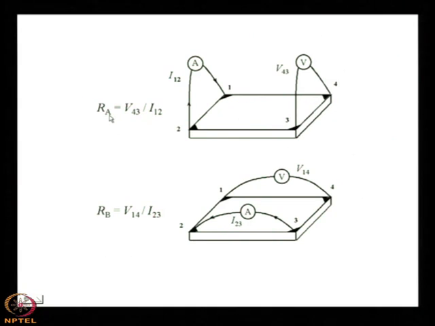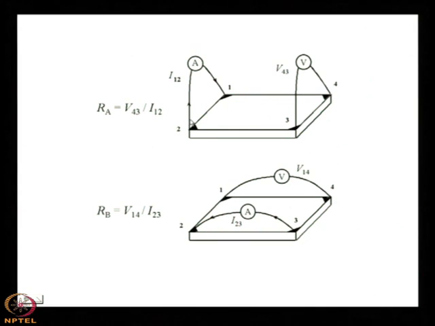R A is the voltage you have to measure between terminal 4 and 3. So, you have connected the voltmeter between terminal 4 and 3, and you send current between terminal 1 and 2. That means, you send current between terminal 1 and 2 and measure the voltage between terminal 3 and 4.